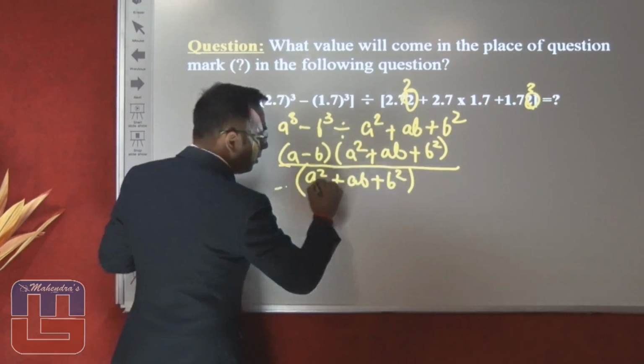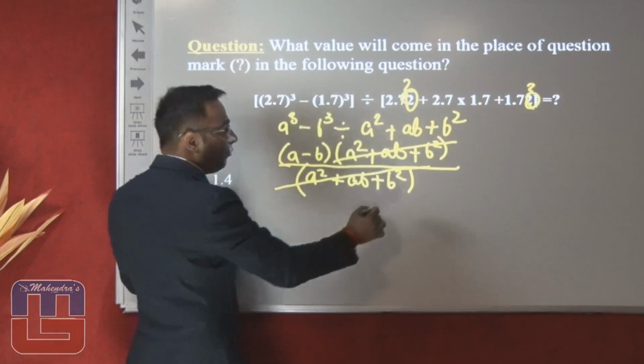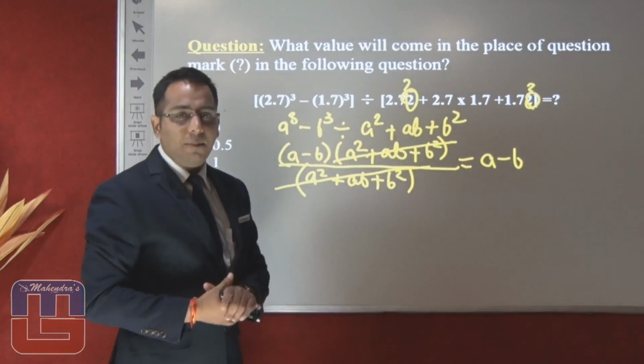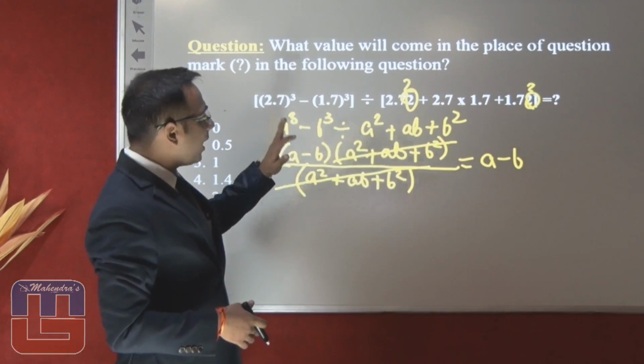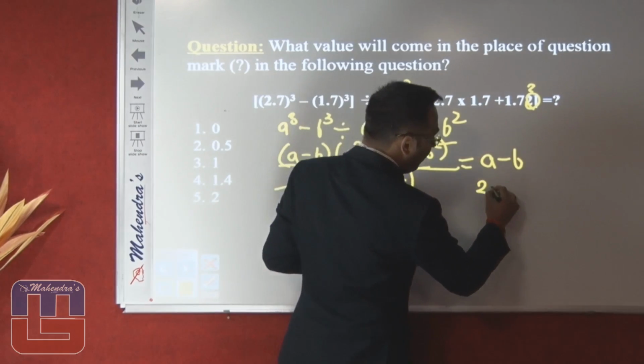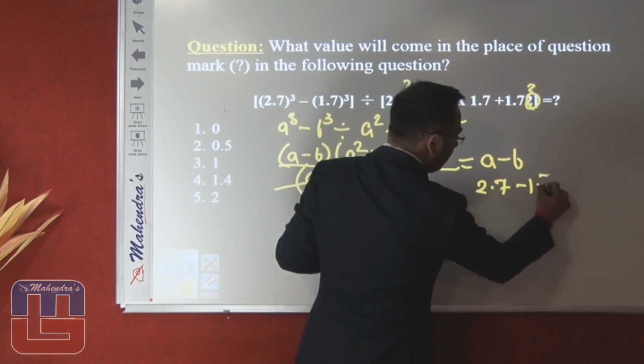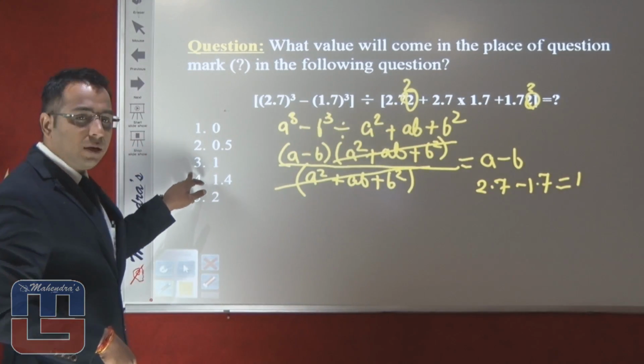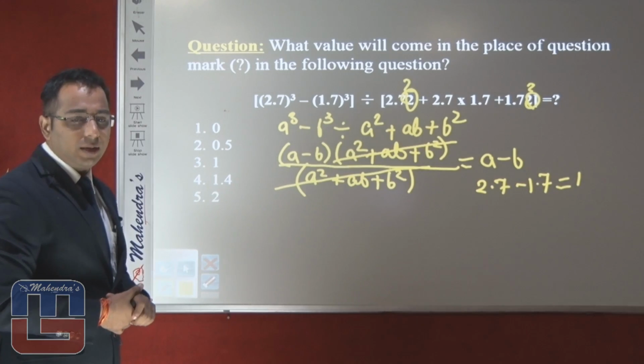So this value cancels out this and we are left with a minus b. If we are left with a minus b, we can put the values directly. The answer will be 2.7 minus 1.7 equals 1. So the answer will be option third. The answer will be option third.